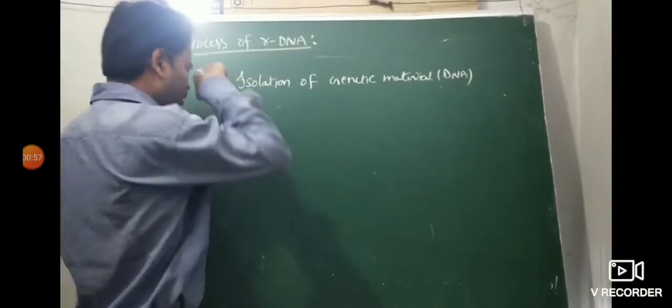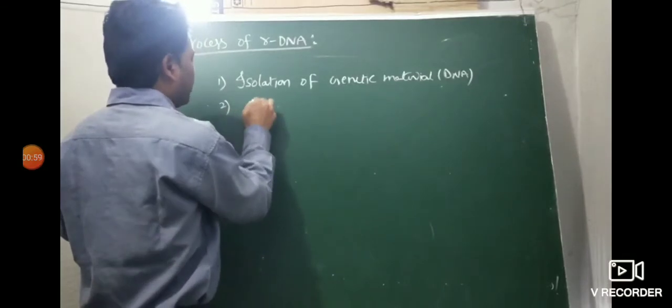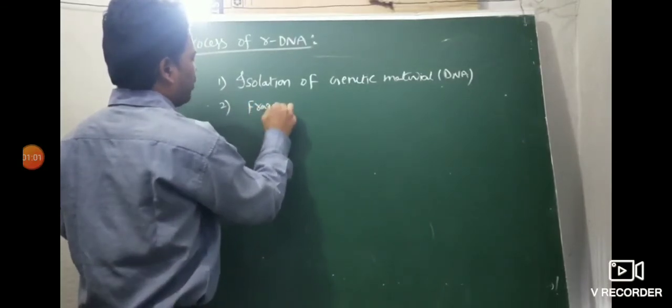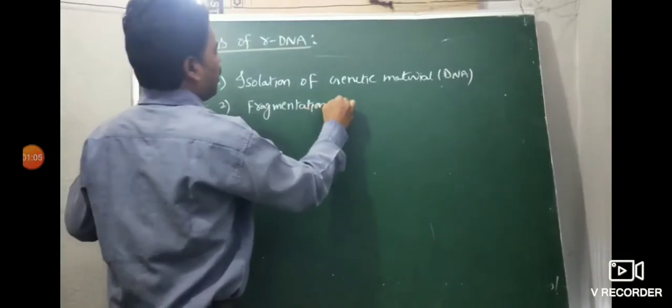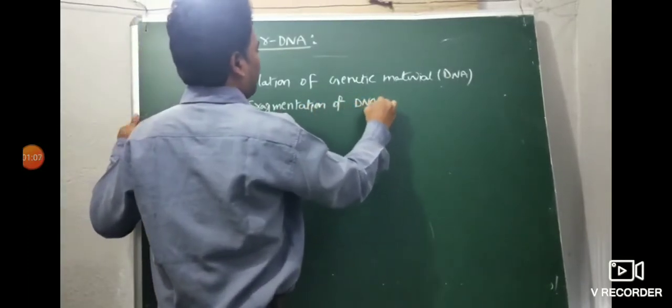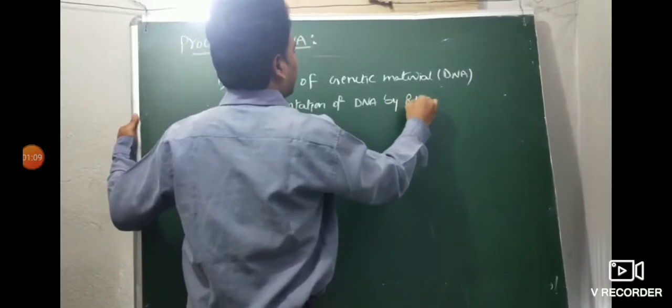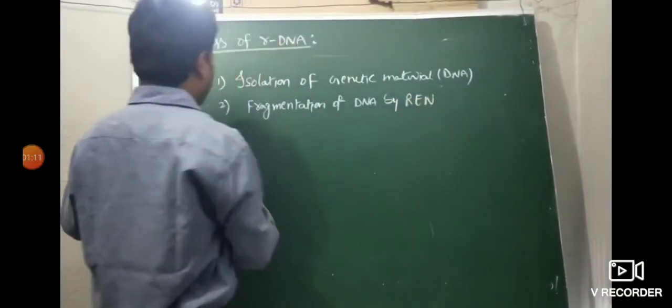Then the second step, fragmentation of DNA by REN, restriction endonuclease enzyme.